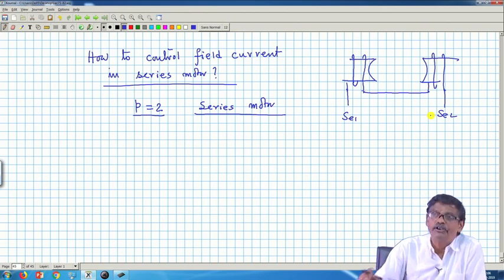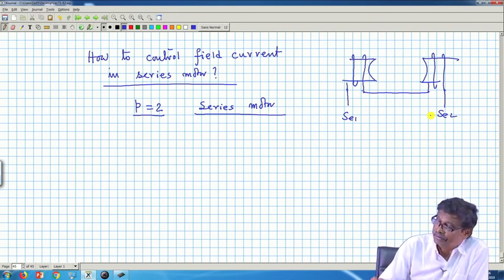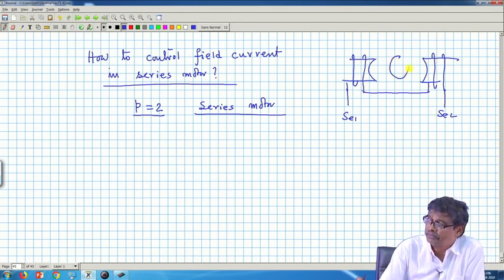Now, these two field coils I can slightly play with in this fashion. In a normal series motor, they are connected in series, these two are the terminals, and then there are the armature terminals A1, A2, and this A1 is connected with AC1. This is what we have done so far.